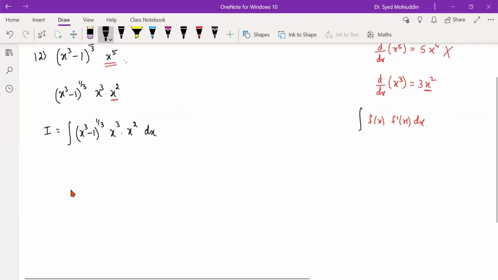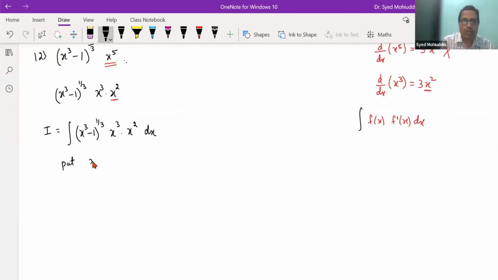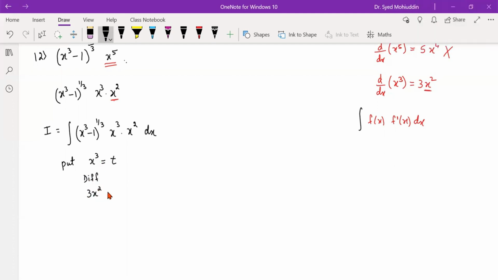Now let us put x cube equal to t. If you put x cube equal to t and differentiate, the differentiation of x cube is 3x square, equal to dt by dx.